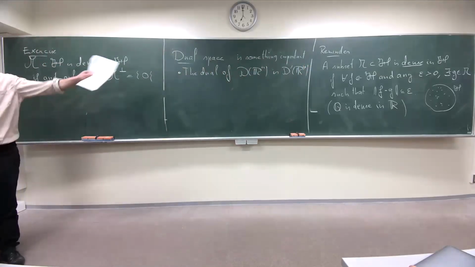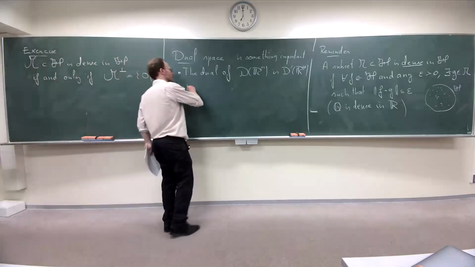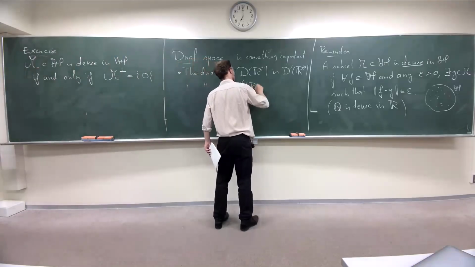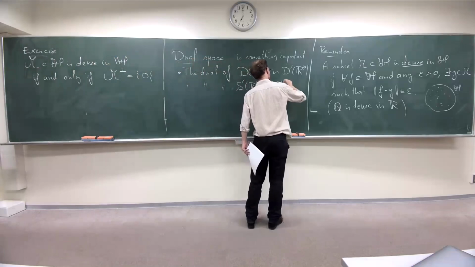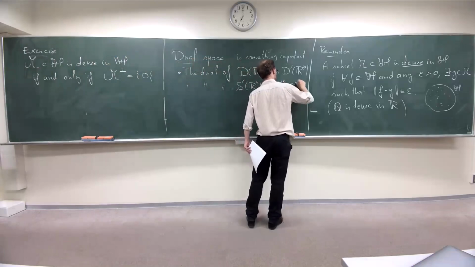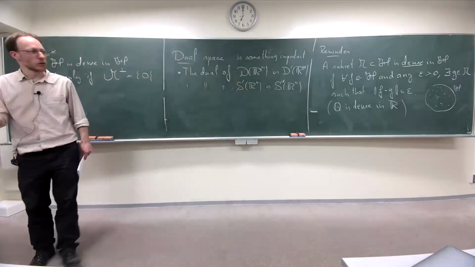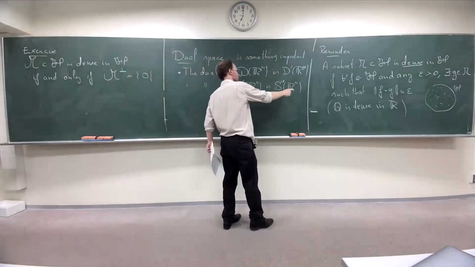The dual of the test functions on Rn is the set of distributions. And the same, the dual of the Schwartz space is the set of tempered distributions, S prime of Rn. So you already know two examples of dual. The dual of this space is this one, the dual of this one is this one.